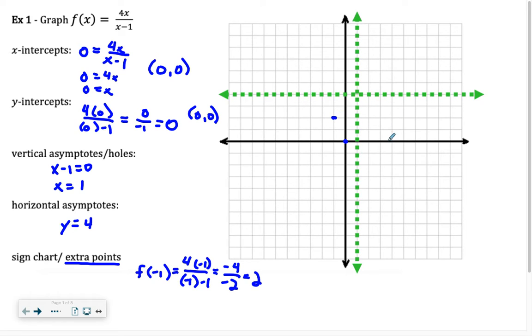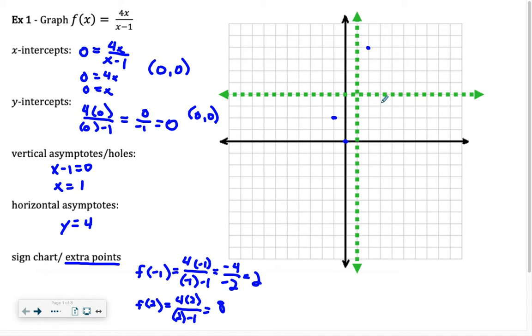Well, then let's plug in a point or two on the right side of my vertical asymptote. So my asymptote is at 1, let's plug in 2. So f of 2 is going to be 4 times 2 over 2 minus 1. So that'll be 8 over 1, which would just be 8. So the point 2, 8 is on my graph.